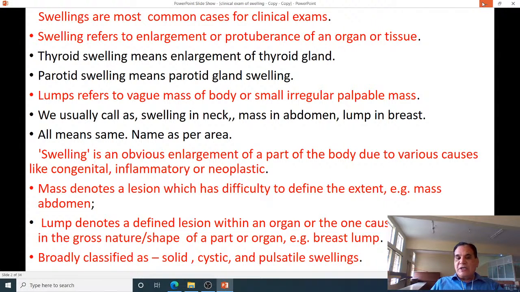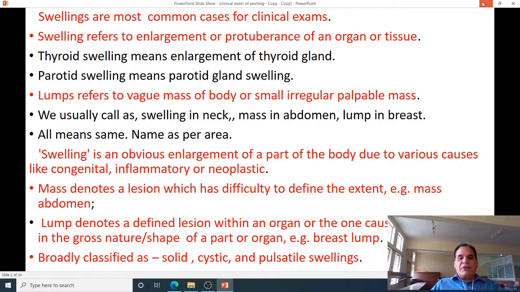We don't call a mass in the neck a mass; we call it a swelling in the neck. If it is in the abdomen, we call it a mass. The same pathology presenting in the breast, we call a lump in the breast. That means for all practical purposes, a swelling, a mass or a lump means the same thing in different organs, and the name depends on the organ which is involved.